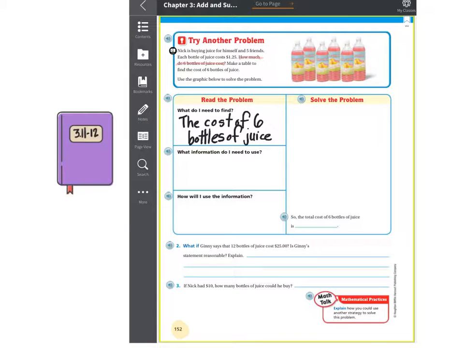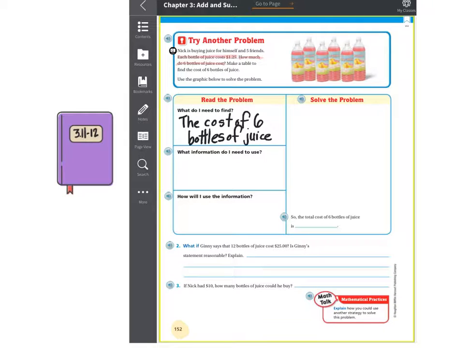Okay, what information do I need to use? I need to figure out what is important information. The important information is that the juice costs $1.25. Each bottle of juice costs $1.25, and I need to find it for 6 people.